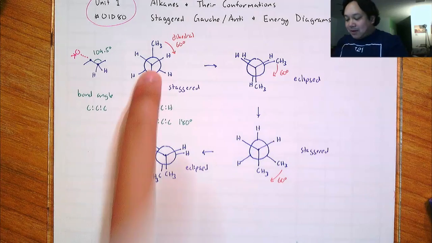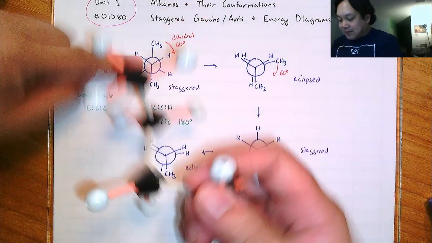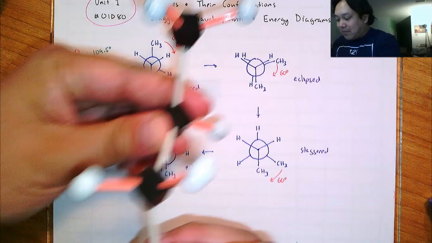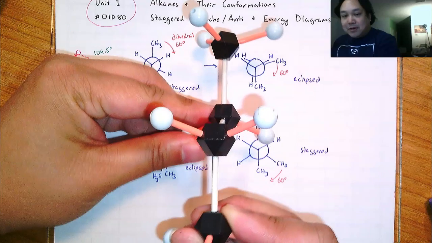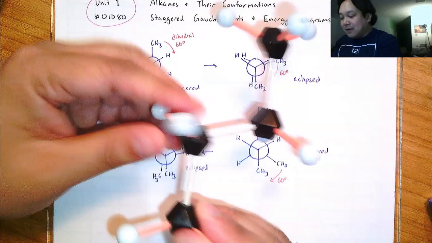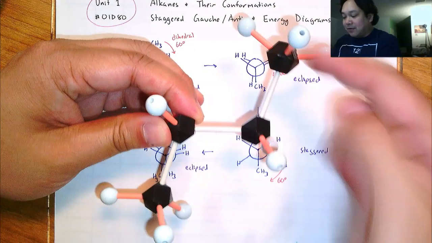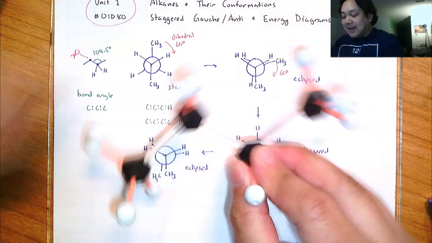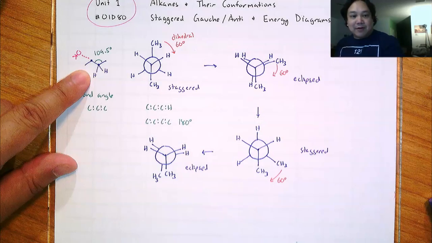Here's the first staggered that we drew, and I'm going to make the molecule model like that. If I tilt it on its side, it looks like this. See, the methyl groups are far apart and it's zigzag, just like we had this drawing right here.